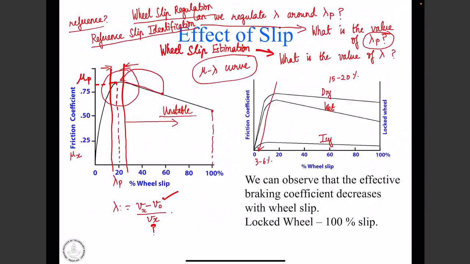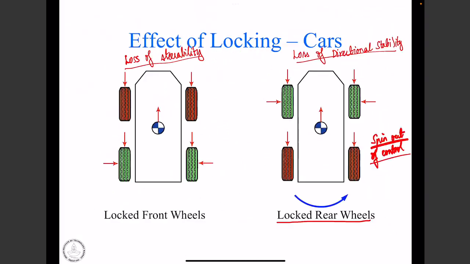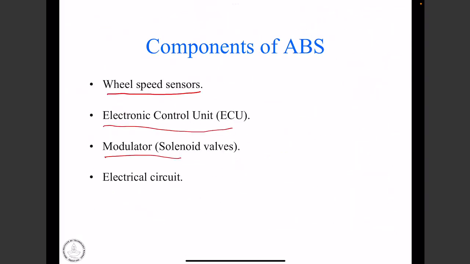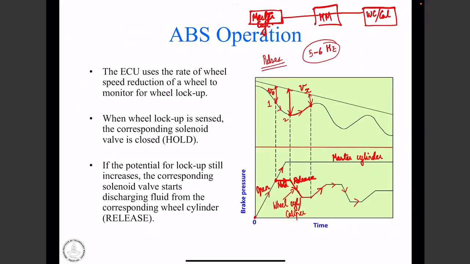If you look at the trace on the mu lambda curve, we will go something like this, try to come back, go here, and keep on coming back. So we operate in this region. That is achieved by pulsing the ABS modulator through the 3 modes of open, hold, and release. So this is how the ABS works.